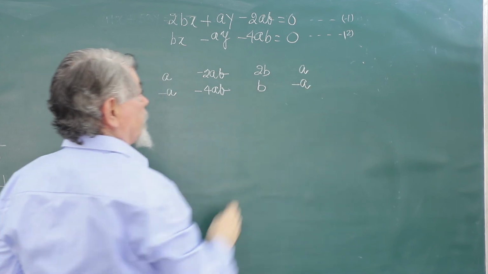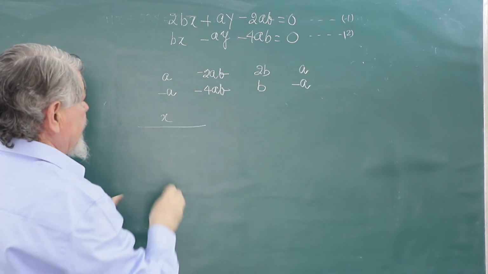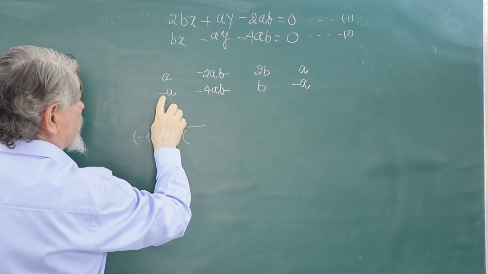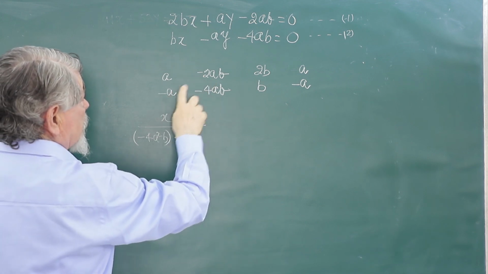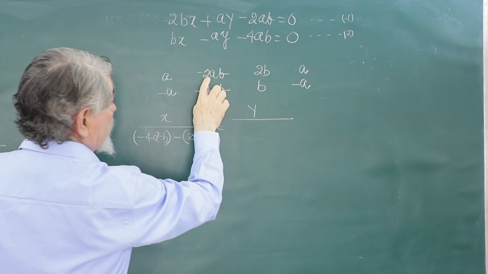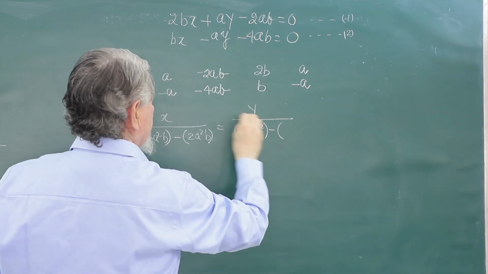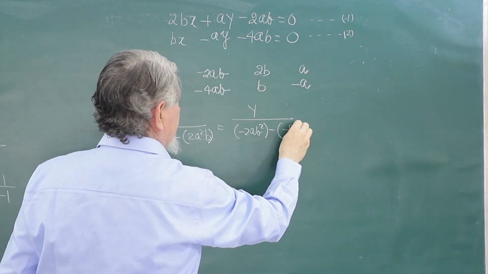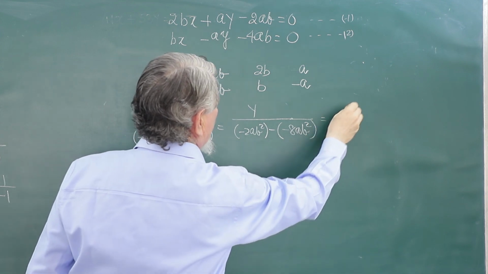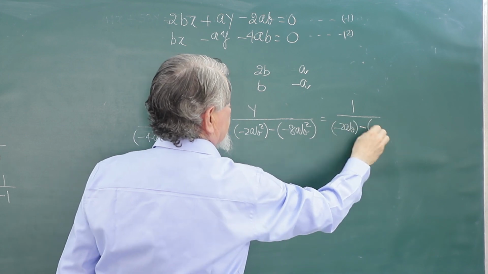a, minus a. And then x upon a into minus 4ab, that is minus 4a square b, minus a into minus b, plus 2a square b, is equal to y upon minus 2ab into b will be minus 2ab squared, minus it will be 8ab squared, is equal to 1 upon 2b into a is 2ab, minus ab.